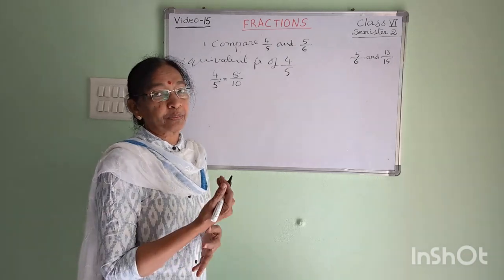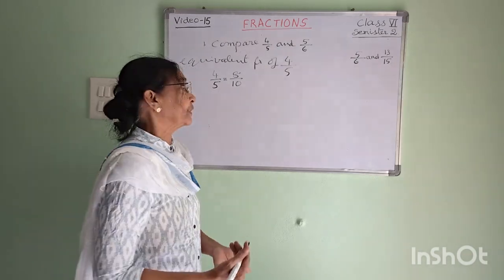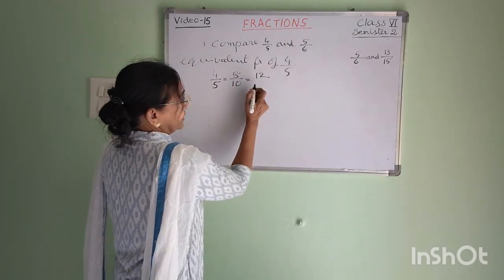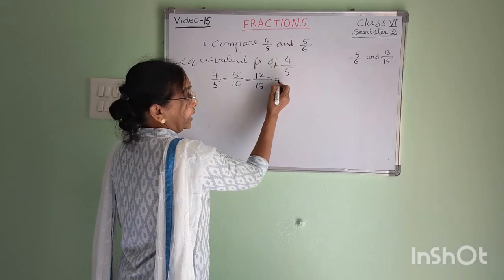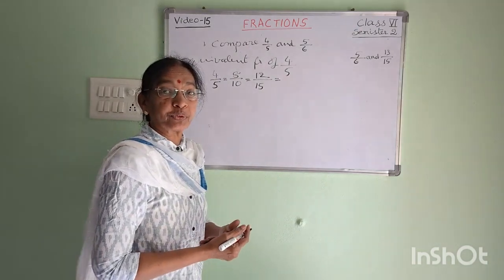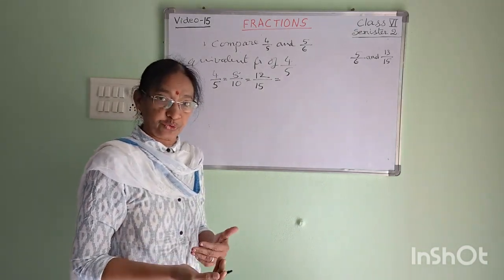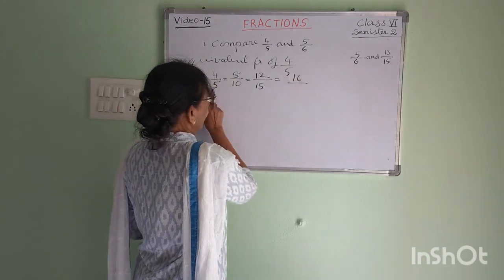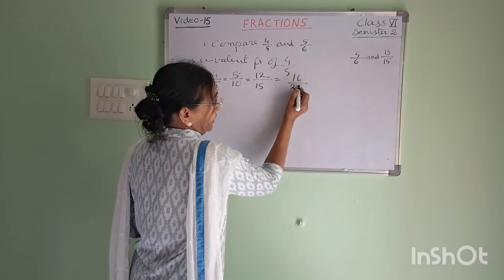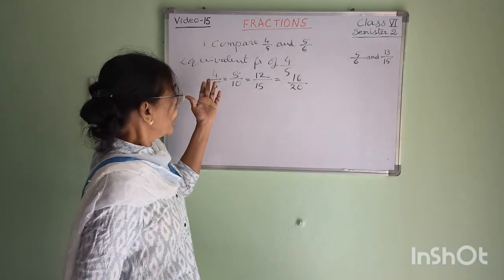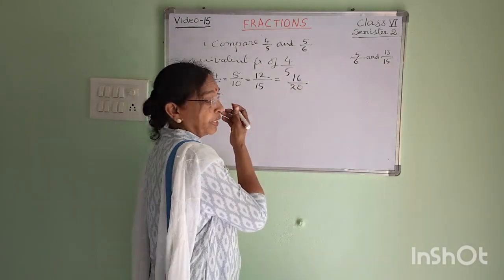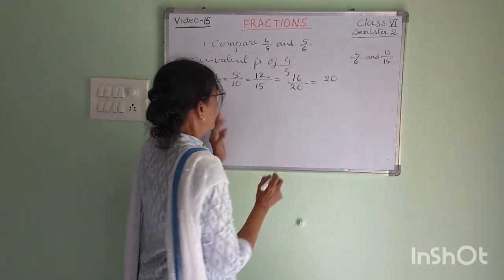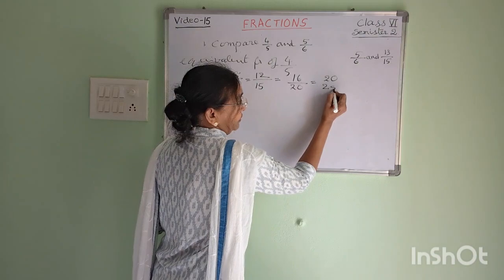Now we will multiply both the numerator and denominator by 3. We get 4 3s are 12, 5 3s are 15. Next we will multiply both the numerator and denominator by 4. 4 4s are 16, 5 4s are 20. Next multiplying by 5, 4 5s are 20, 5 5s are 25.